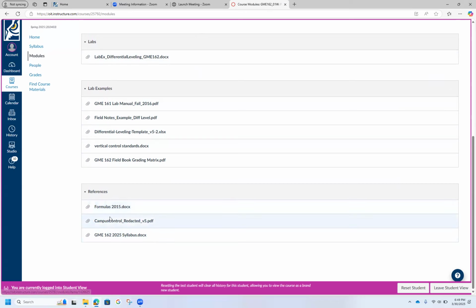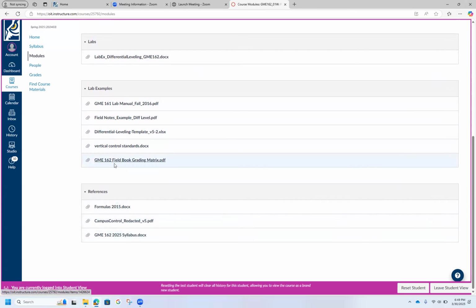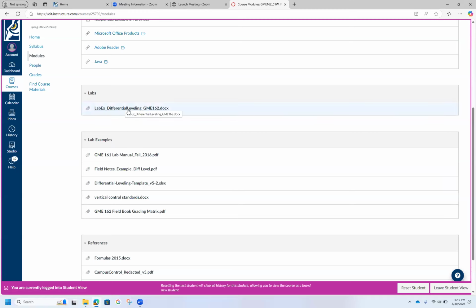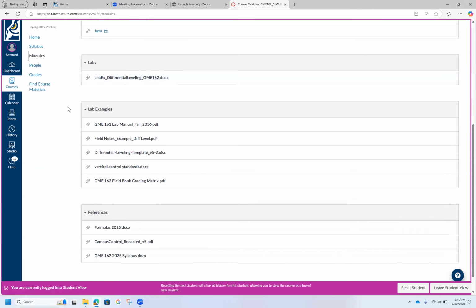I have formulas for you, the campus control, which we'll need for starting out with lab 1, the field book, and the grading matrix. We have notes of examples, and a lab manual from previous years that you can take a look at. Then we have the first lab on the module underneath labs.